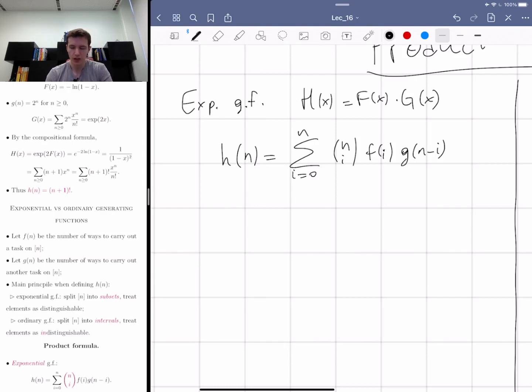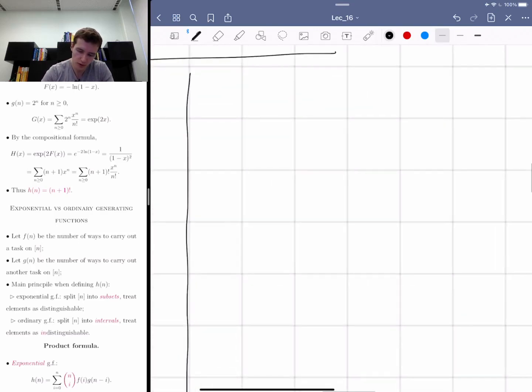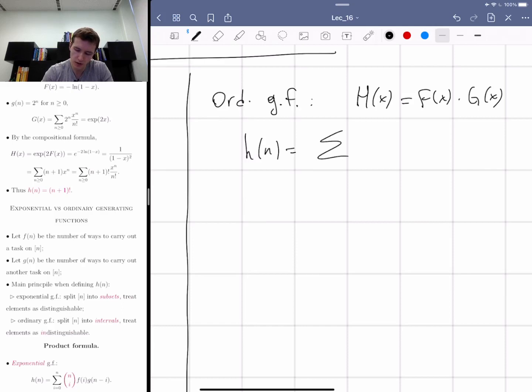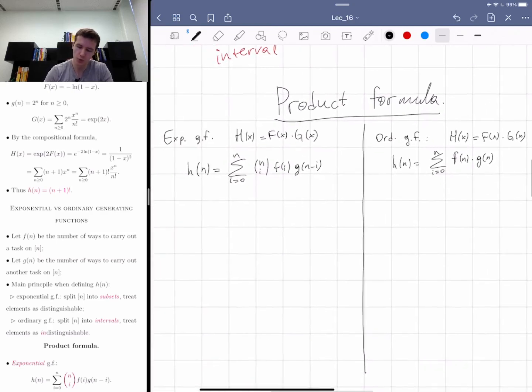Okay, and for the ordinary generating function, if you have h of x equal to f of x times g of x, then the product formula was that h of n is the sum of f of I times g of n minus I, without the extra n choose I here.